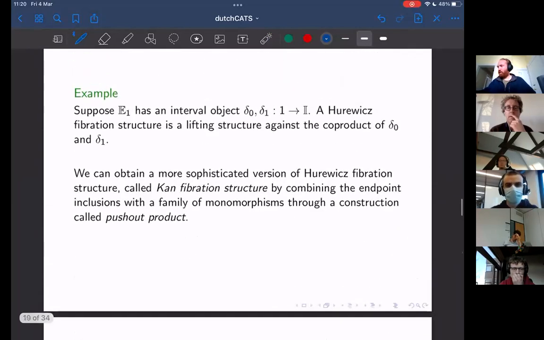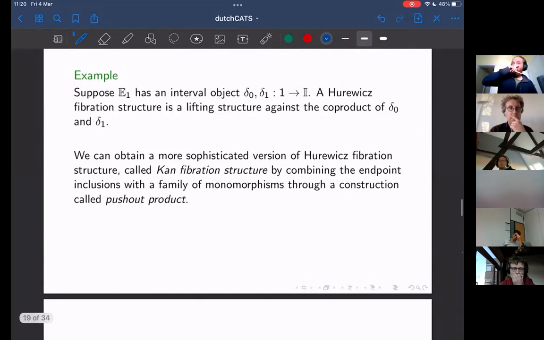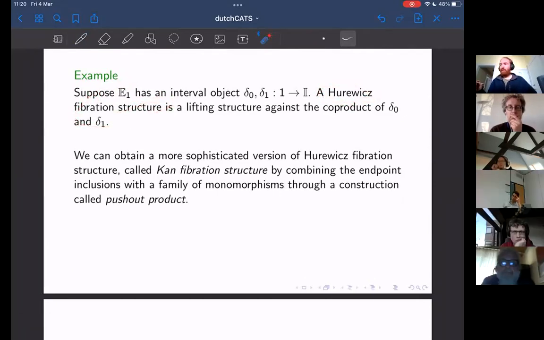I remember I didn't really define it properly, but if we have a fibration and an object in the terminal fiber, then we can define its fibration structure in terms of this general definition of lifting structure. And a Kan fibration structure would be the same, but you also have a monomorphism in the fibration. Okay. And then to take the pushout product.